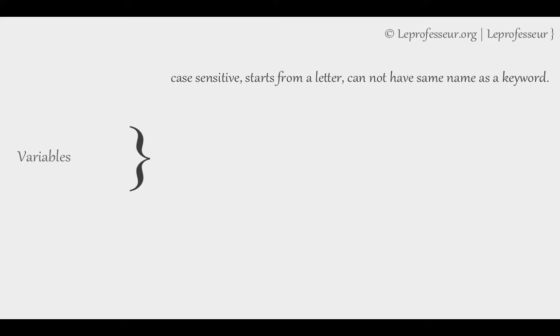You don't have to worry about it. You just have to worry that variable names are case sensitive, have to start with a letter, and cannot have the same name as a keyword. Those are just a few basic things for defining a variable.